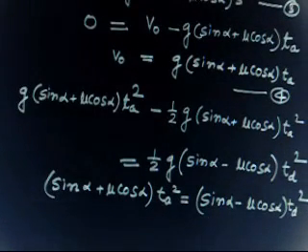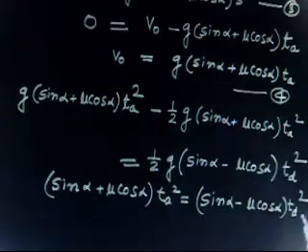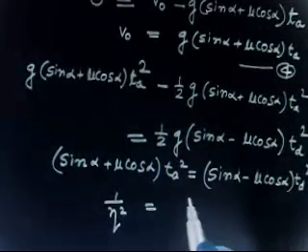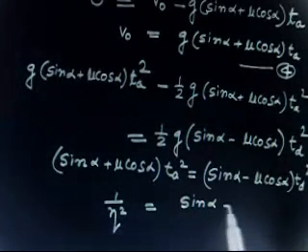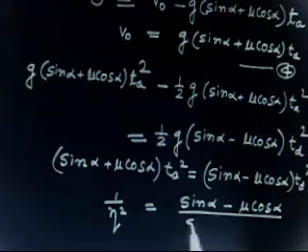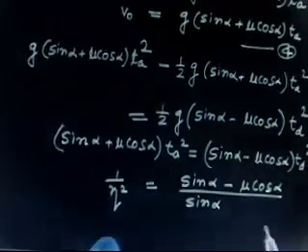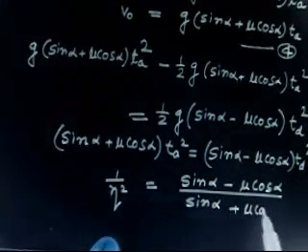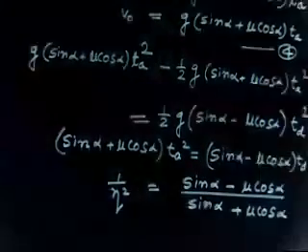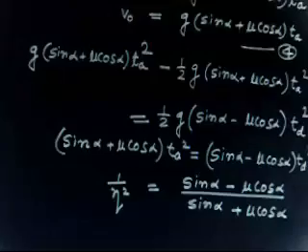Now see, in the question it is given t a by t d is eta. So this is 1 by eta whole square, equal to sin alpha minus mu cos alpha divided by sin alpha plus mu cos alpha. So you can solve for mu. Let us try to solve.